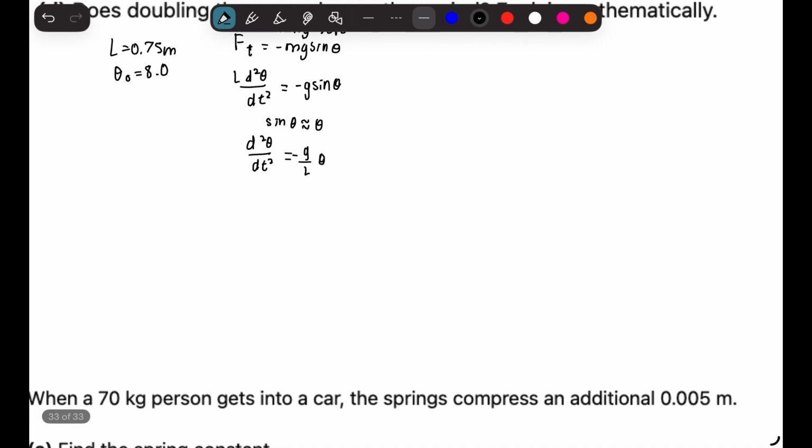We want this in simple harmonic motion form. We know that this is equal to negative omega squared x, our relationship here. So we'll just have that. And what we need is to divide by L. Or no, take the root and divide by x.